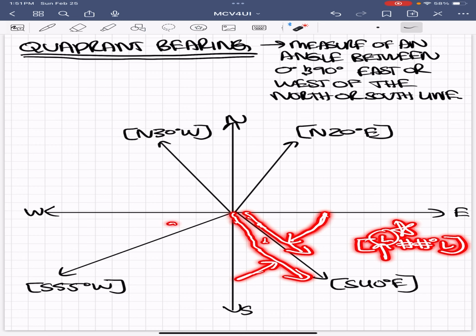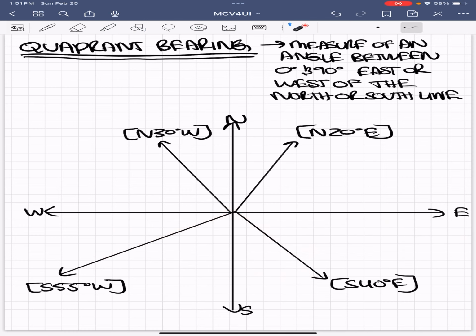If it started with W, then I'd be going from this line and making a vector from that. If it starts with north and it ends with a W, then you're going this way, towards the W. If it starts with N and it ends with E, then you're going this way.